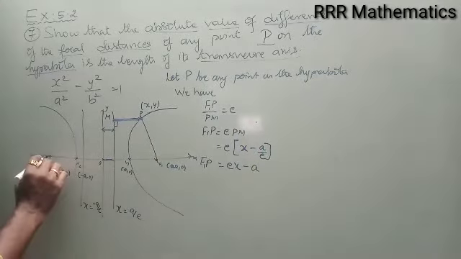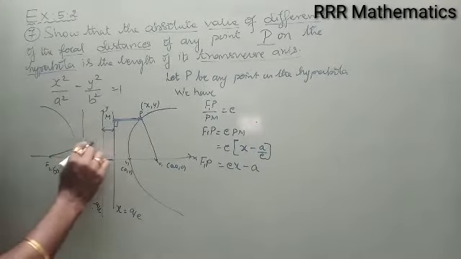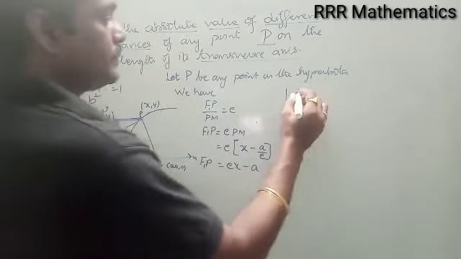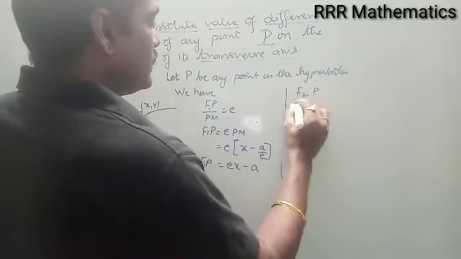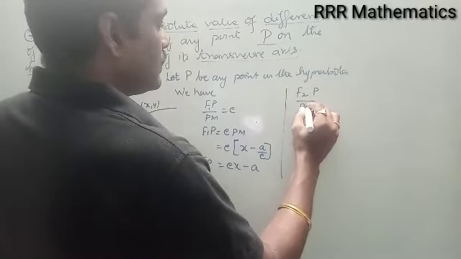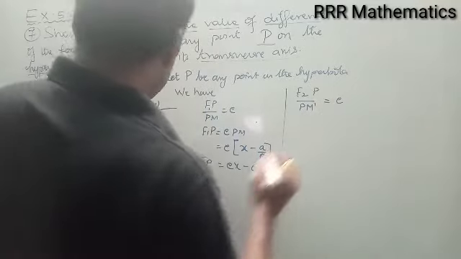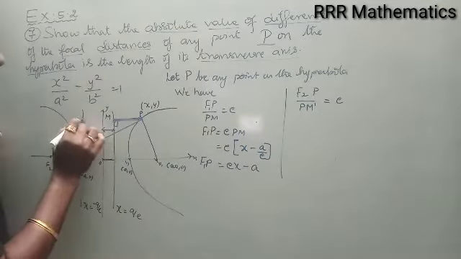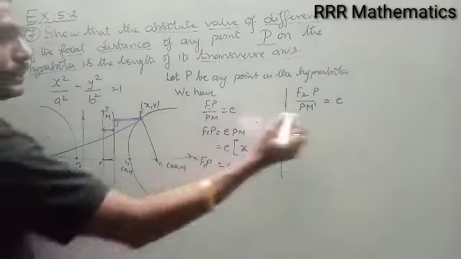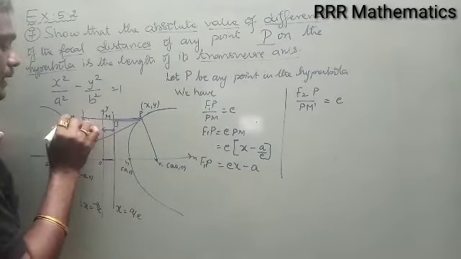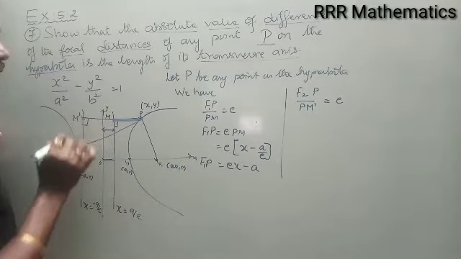Similarly, from this focus, F2P by PM dash, which is e. This is another directrix. From the same point P, draw a perpendicular line to the other directrix, meeting it at M dash.